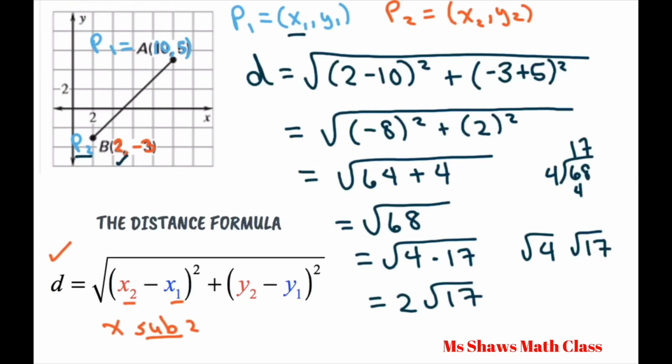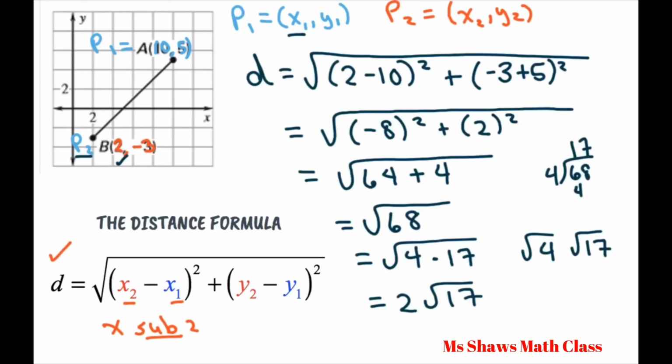So that gives us 10 squared plus negative 5 squared. This gives you square root of 100 plus 25. So we have the square root of 125. And we can simplify that by saying this is 25 times 5. So that's going to be 5 square root of 5.